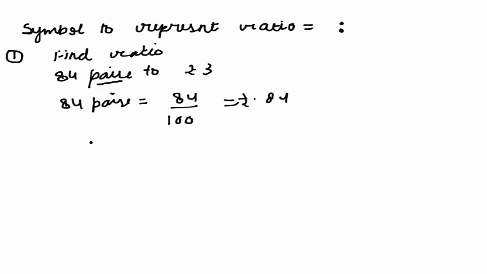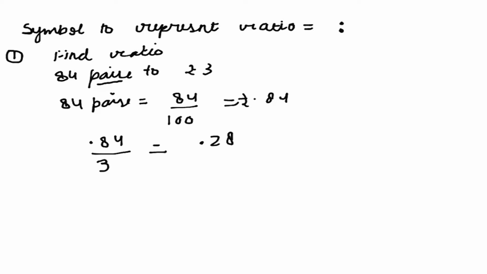The ratio is 0.84 to 3, and we will write this. Now to convert to the simplest form, we will find the HCF. Both numbers are divisible by 3. So 84 divided by 3 gives 28, meaning 0.28, and 3 by 3 gives 1.